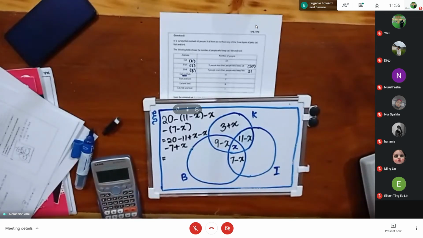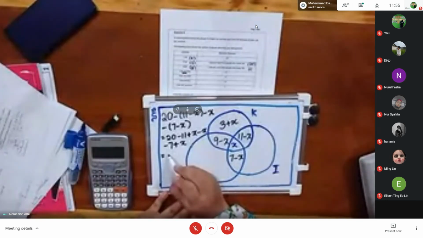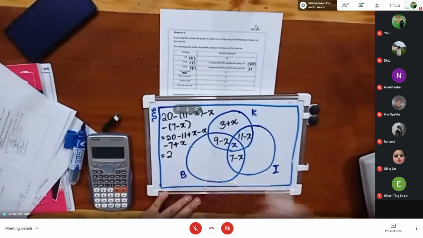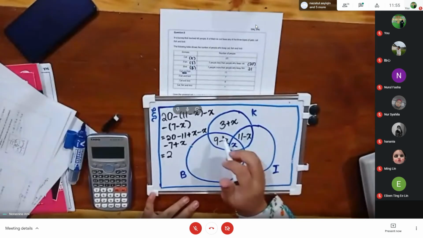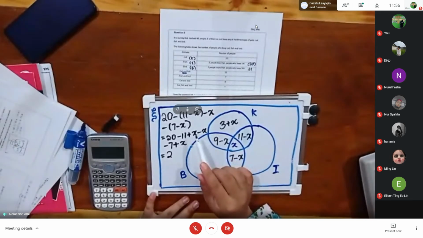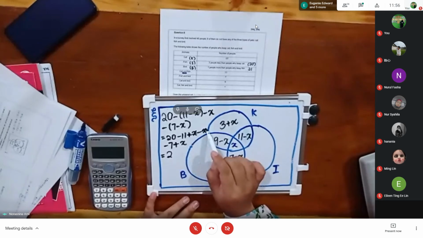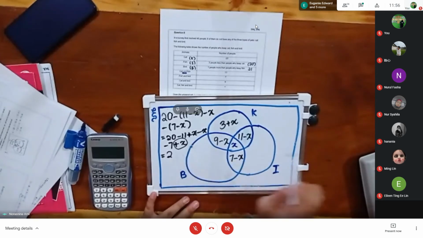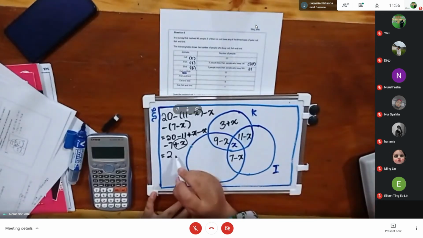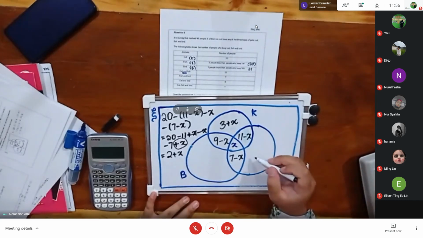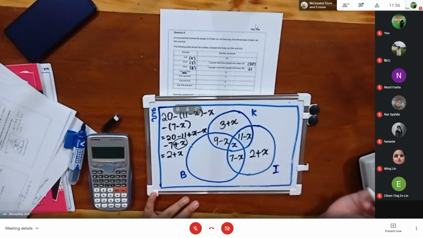What will we get? We will get 2 here. Then for the X, plus X minus X plus X, this will be cancelled out and it is left with plus X. So 2 plus X. This part is 2 plus X.